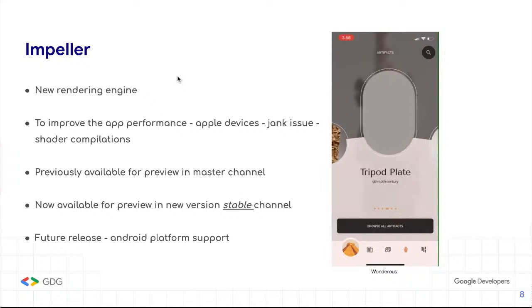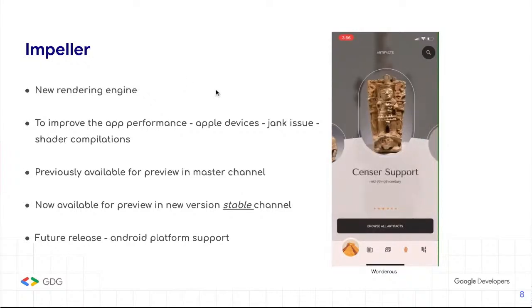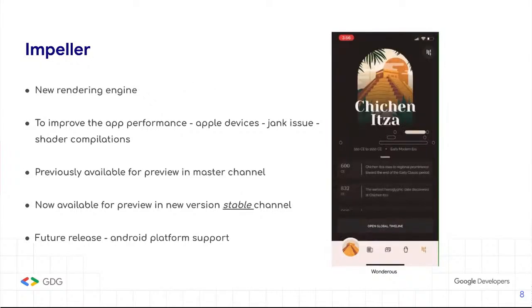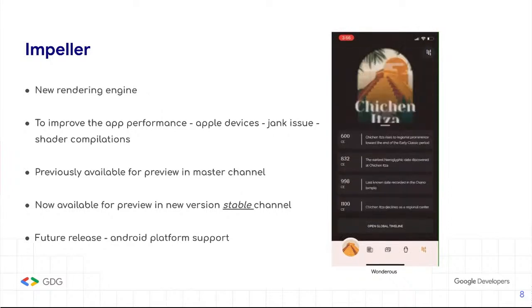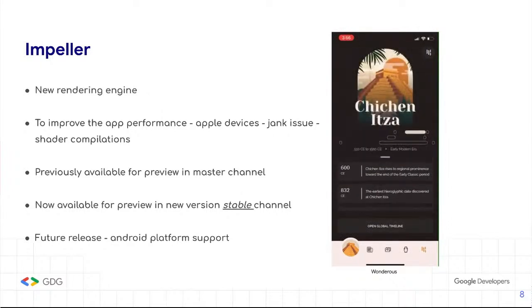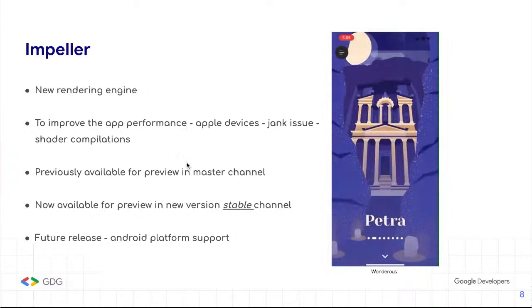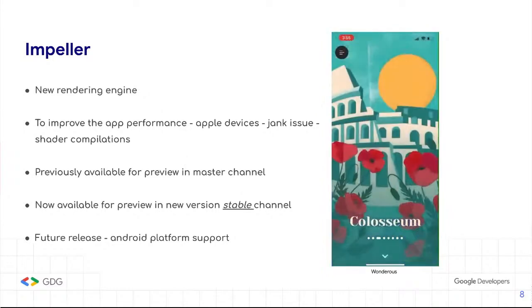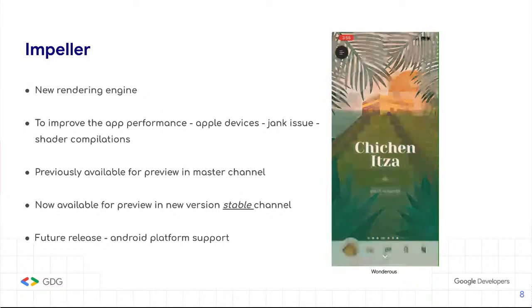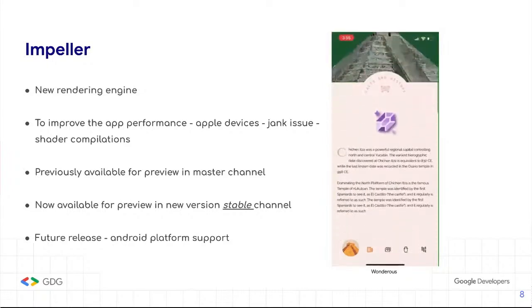Especially on Apple devices, there is a jank issue that is caused because of shader compilations and even the scrolling. So, to overcome this, Impeller was designed. It's a rendering engine whose main goal was to improve the overall app experience, improve the scrolling experience, and basically everything.